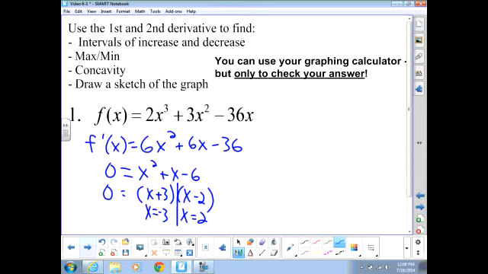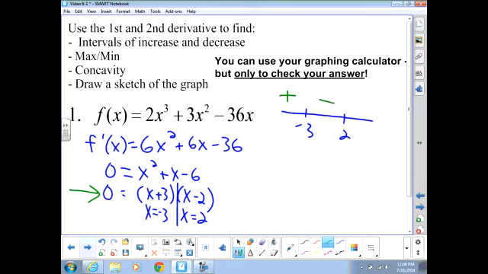Because it's a polynomial, there's nowhere that it won't exist. So -3 and 2 are our only values on the number line. We'll pick something in each of those gaps. And remember, it's usually easiest to plug into the factored form of your derivative. So take something like -10 million. You'll have a negative times a negative, which is a positive. 0 will give us 3 times -2, which is a negative.